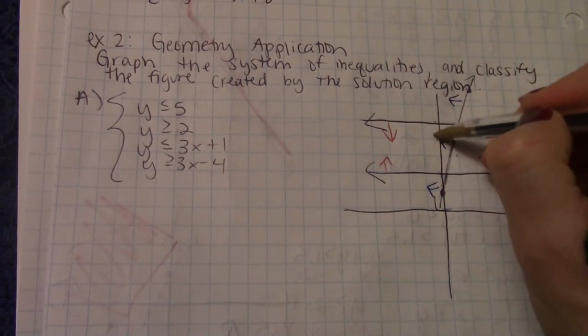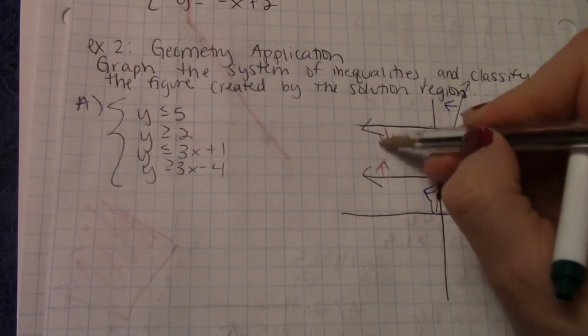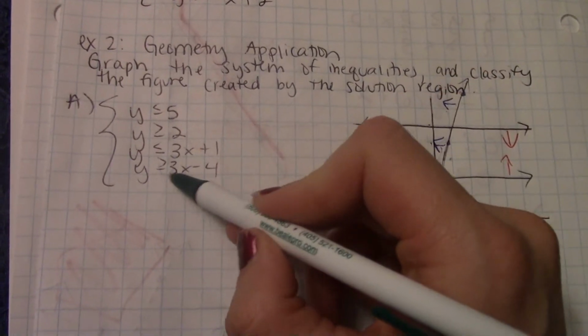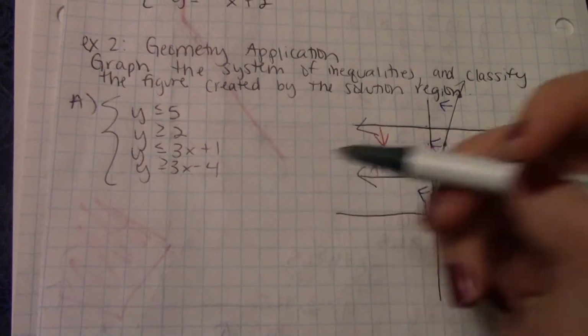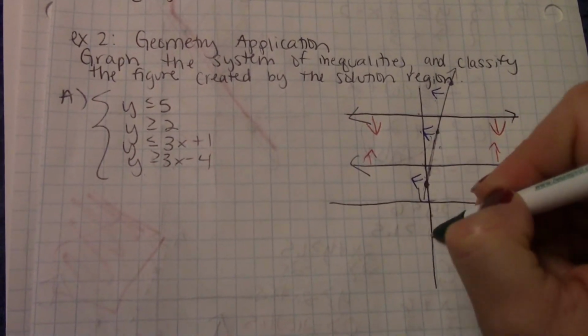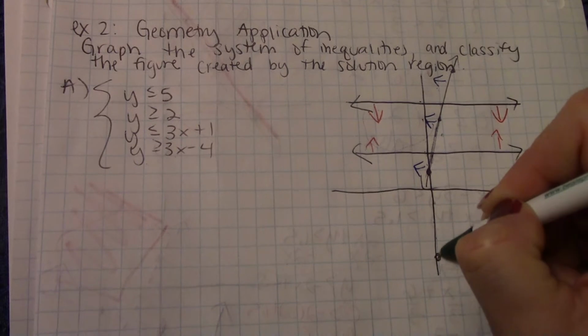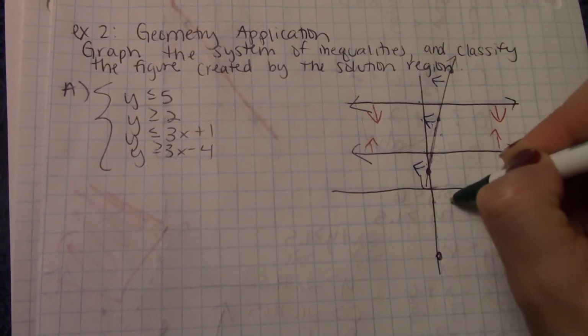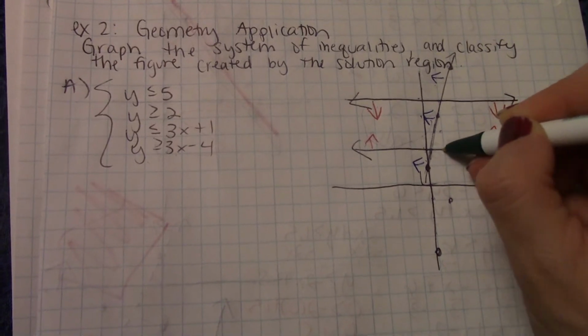So we are somewhere in here now, because that's where my two red ones and my blue one are. Now we're also going to be y is greater than or equal to 3x minus 4. So down 4, up 3, right 1, up.